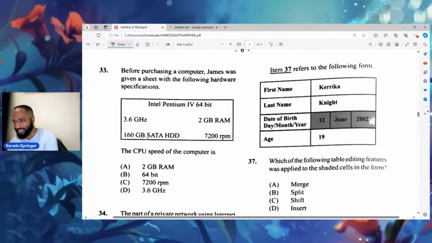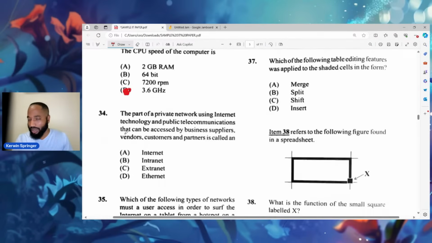That's how fast this is spinning. That's a physical hard drive, not the CPU. So the CPU is 3.6 gigahertz. Real low RAM, bro. You might want to carry that computer back.